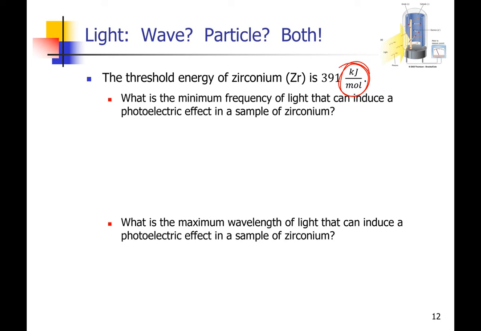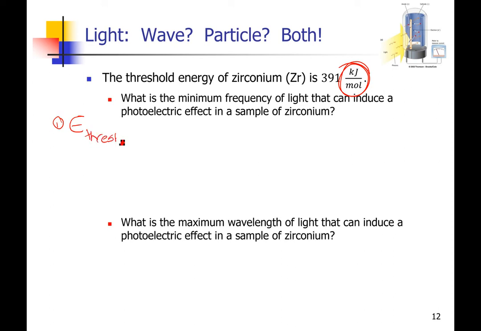So the very first thing that we need to calculate is the energy of a single photon, the lowest energy a photon can have in order to induce a current in this zirconium sample when it's put into a photoelectron effect experiment. So the threshold energy in joules.